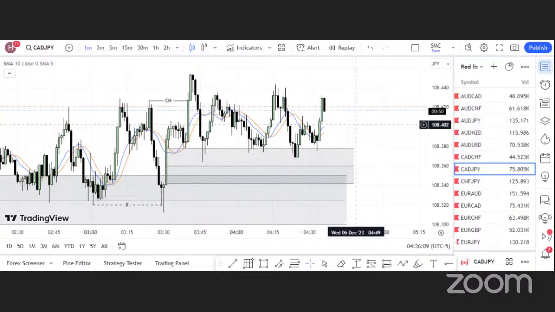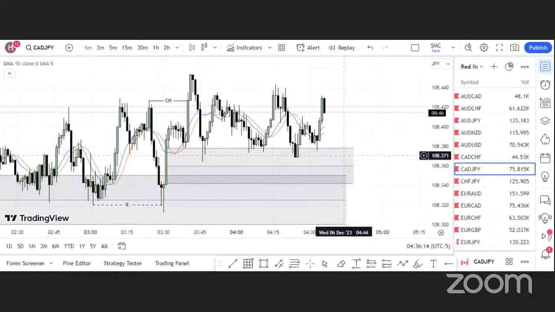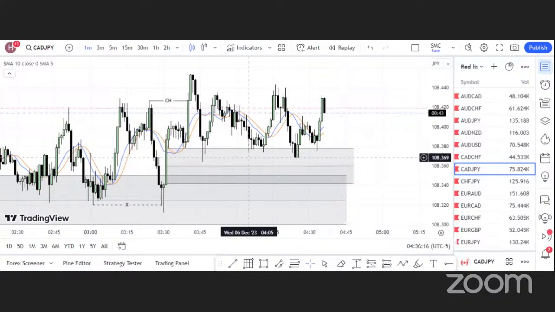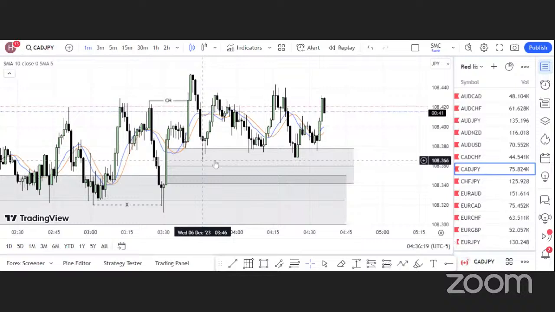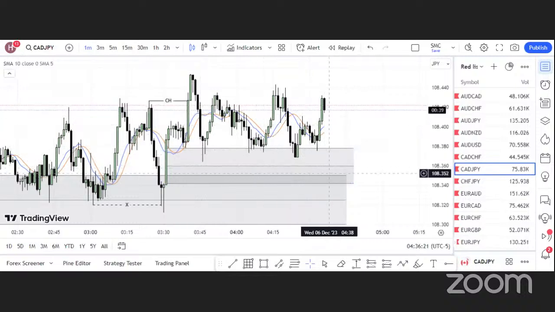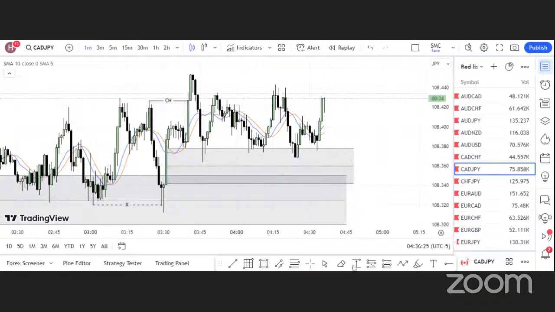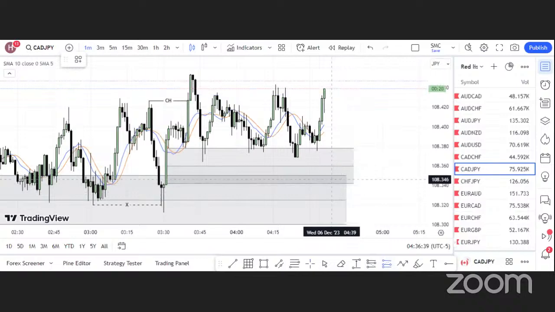You see? So we have all these zones that the market hasn't taken out. This is the 1 minute time frame. If this comes back in here, we are going to take a buy. But I doubt that the market will come back here.